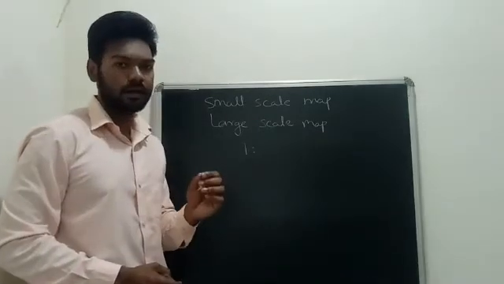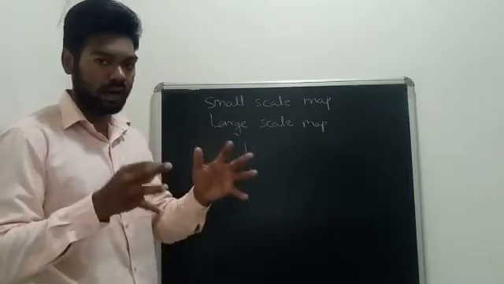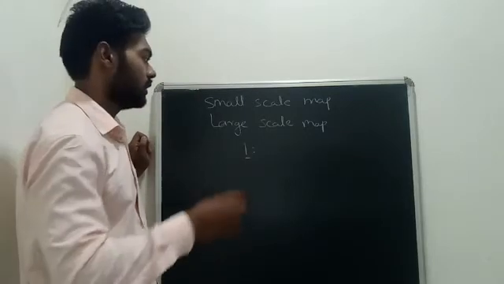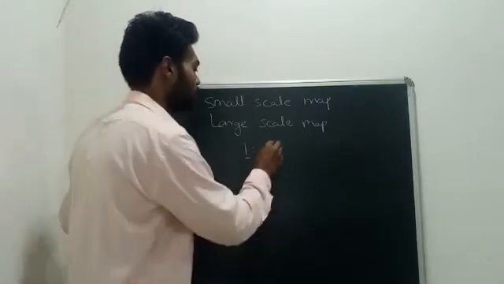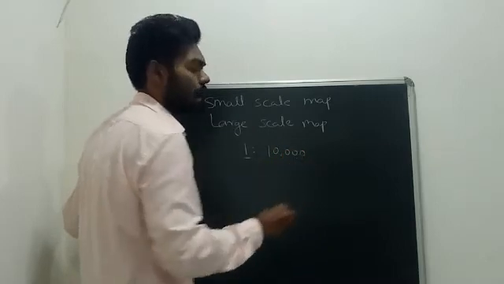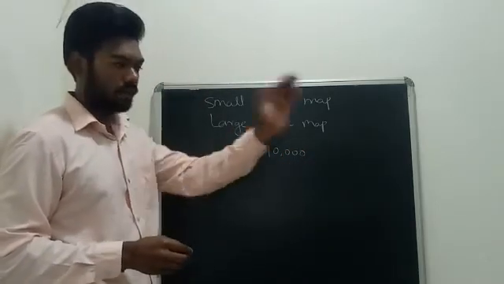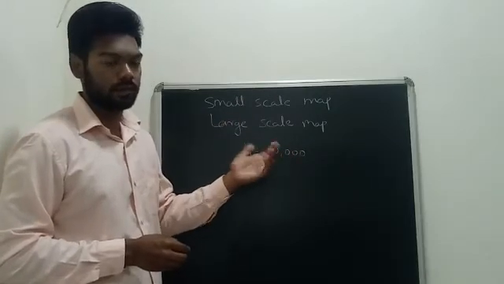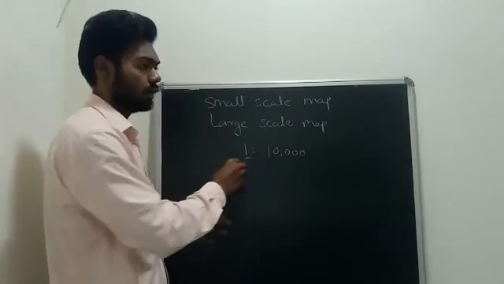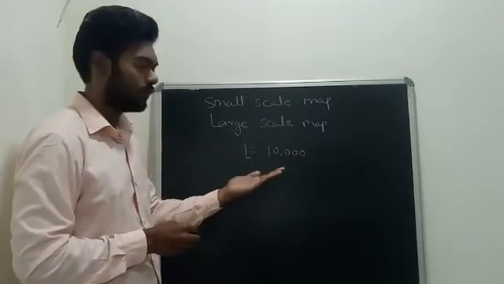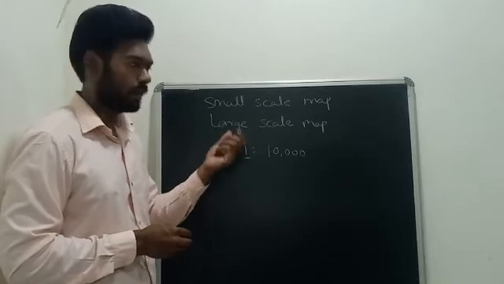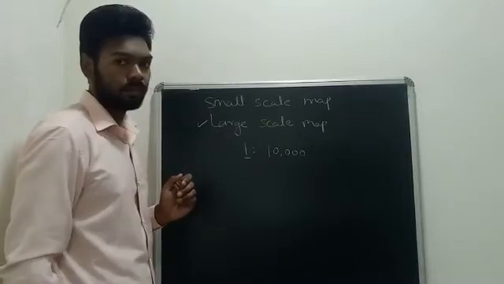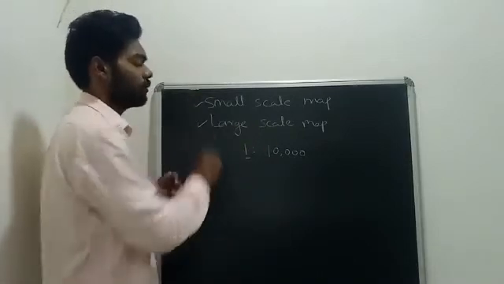If 1 centimeter on the map is equal to 10,000 in the original landform, that is, 1 unit on the map is equal to 10,000. If the conversion of the map into the original scale is less than this number, then it will be a large scale map. And if it is more than that, then it is called a small scale map.